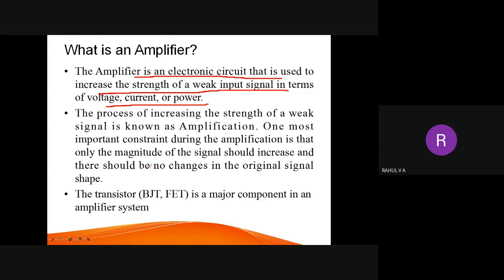So we have to increase the amplitude of the signal without changing the original signal shape or characteristics. The transistor, BJT or FET, is a major component in an amplifier system.